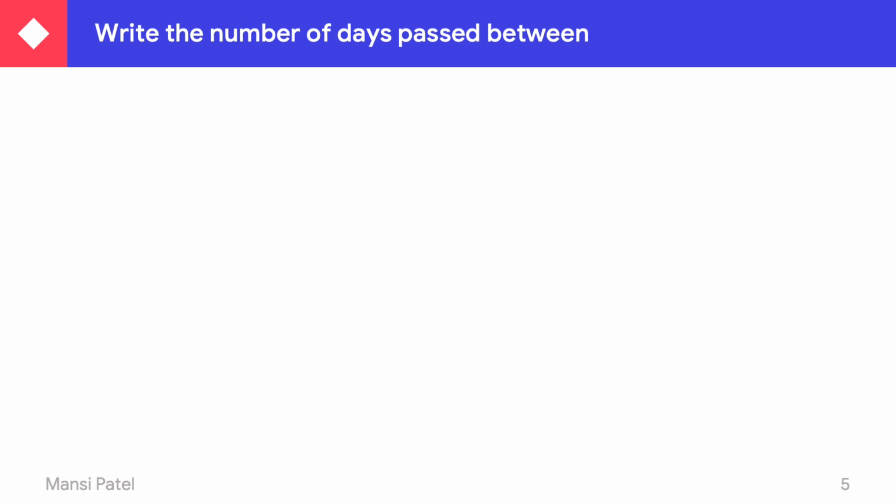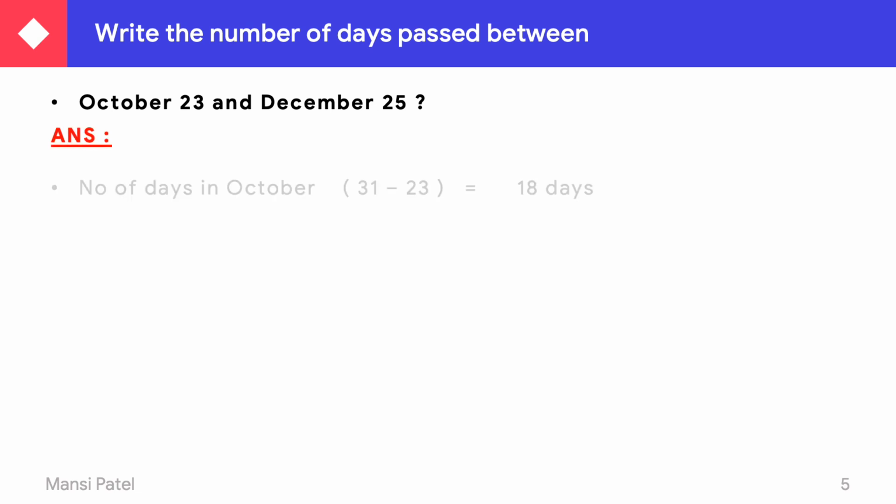Let us see another example: October 23 and December 25. First we find how many days are remaining in October. October has 31 days, minus 23 because our date starts from 23.